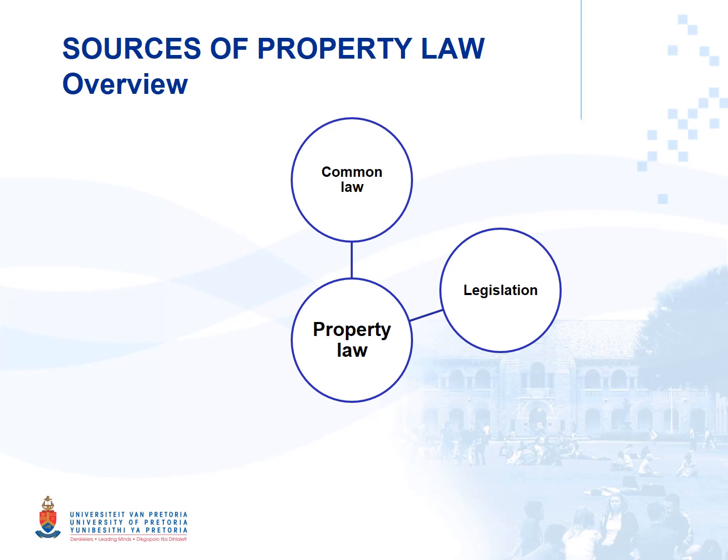The third source of property law that we can mention here is case law. Case law is the source of property law in which you will find interpretations of the legal norms that make up the law of things. Case law is also where we find developments of the common law of things.